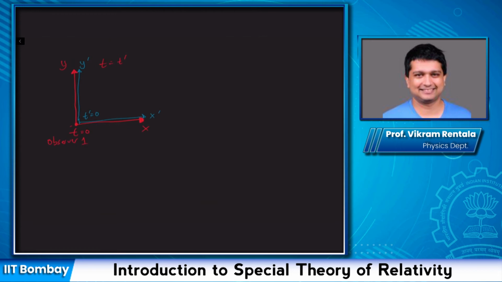So they have the same origin at their 0 instant of time, but let's suppose observer 2 is not static.